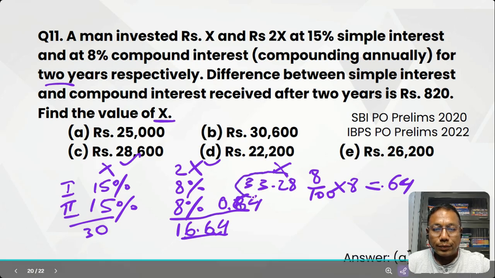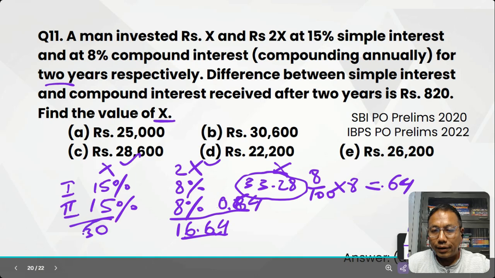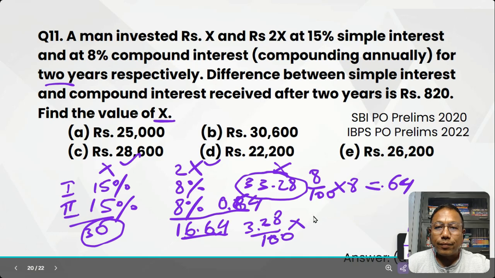What is the difference between these two? 33.28 and 30. The difference is 3.28%. 3.28% of x is 820.